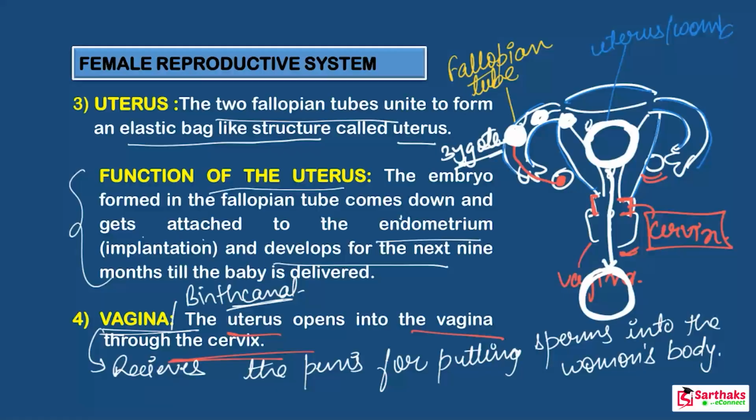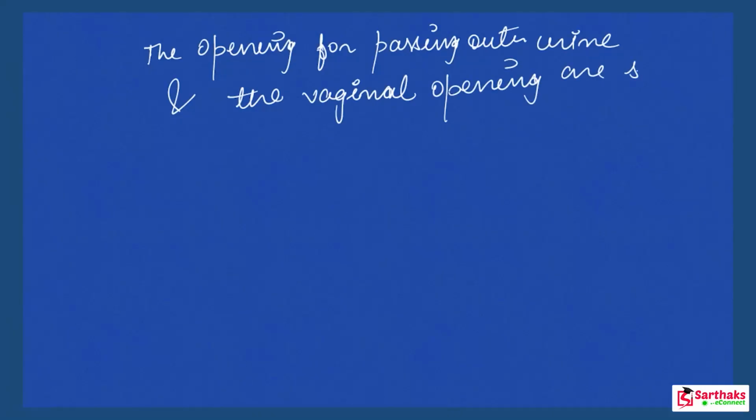Write down this very important point: in the human female, the opening for passing out urine and the vaginal opening are both separate. Urine passes through the urethra, while there is another opening known as the vagina. Both these openings are separate.